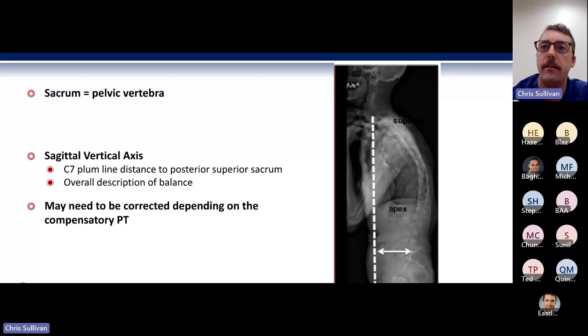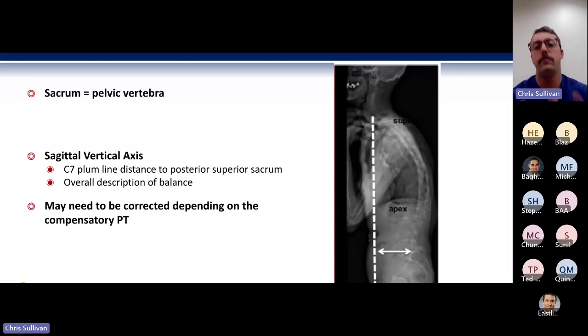If somebody has significant sagittal imbalance, the compensatory mechanism to rotate the pelvis back may bias that SVA to be smaller than what it really is.